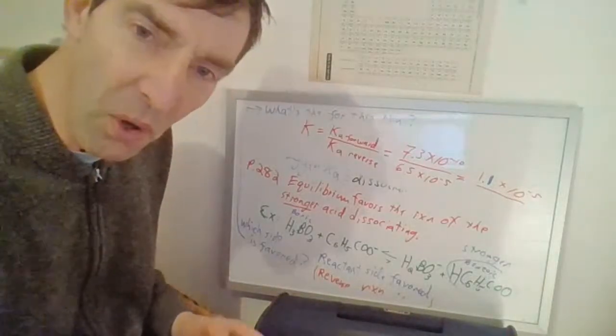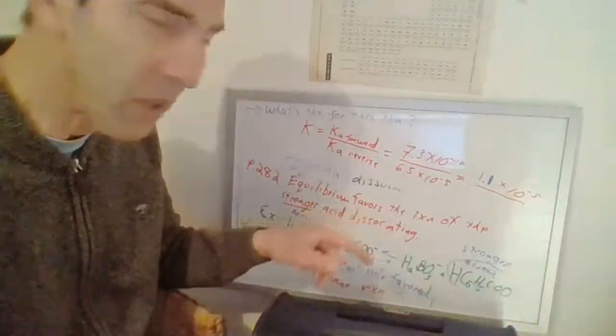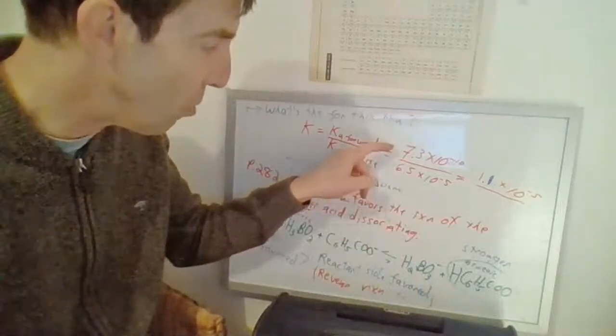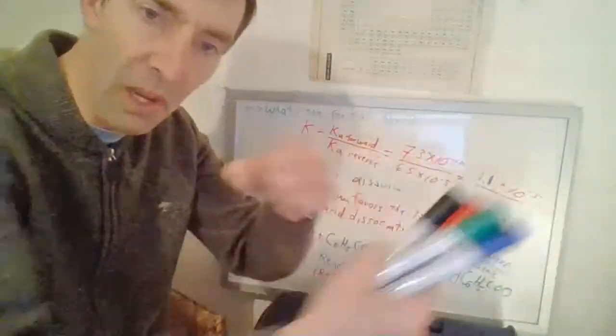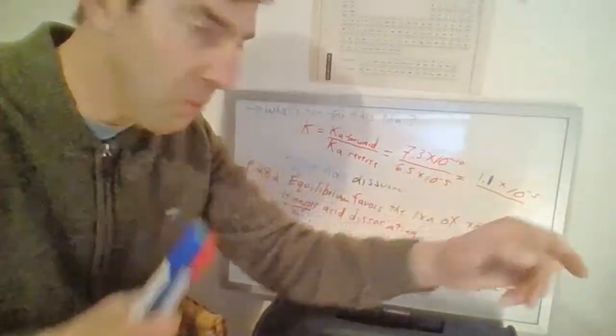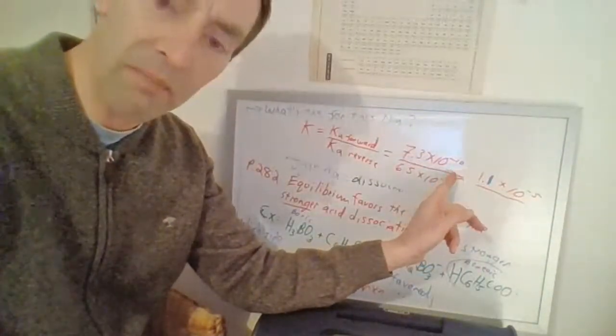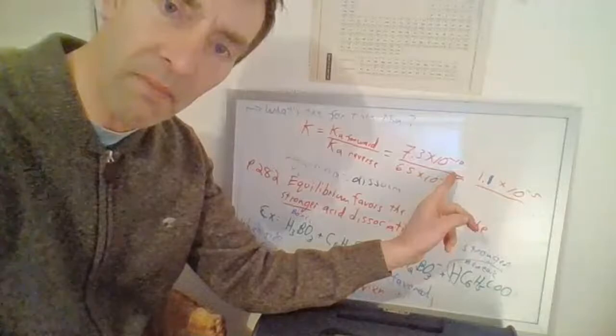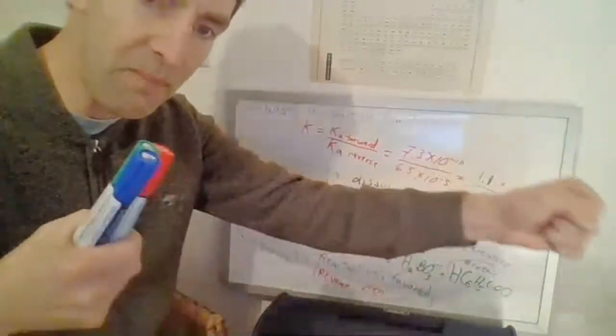What about if I wrote it the other way? What would I do with these two numbers? What if I wrote the reaction the opposite way? Ready? I would just do what with these two numbers? What would I do if I flip the reaction around?